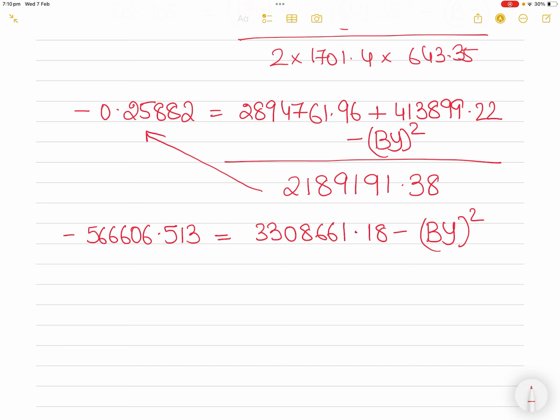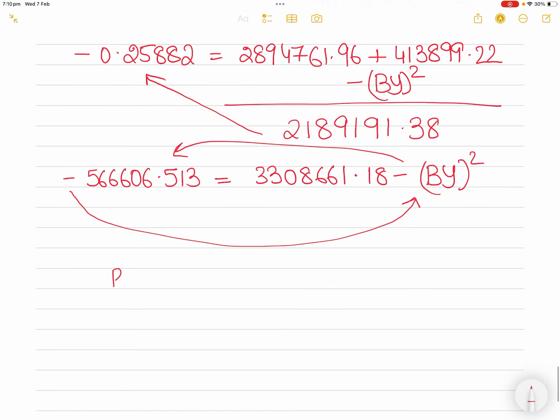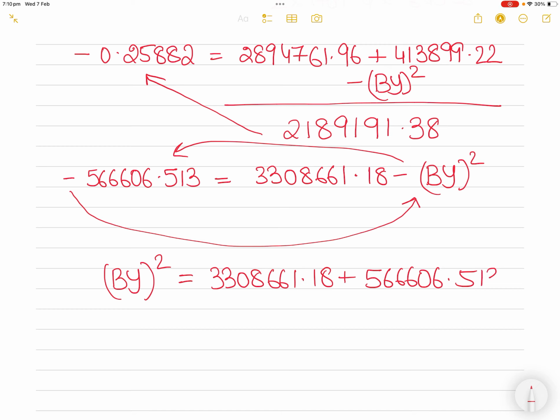Now I take BY squared to the other side and bring the number on the left hand side to the right hand side. This becomes a positive number, and this goes to the other side and becomes a positive number as well. So we have BY squared equals 3308661.18 plus 566606.513. Just add the two together.